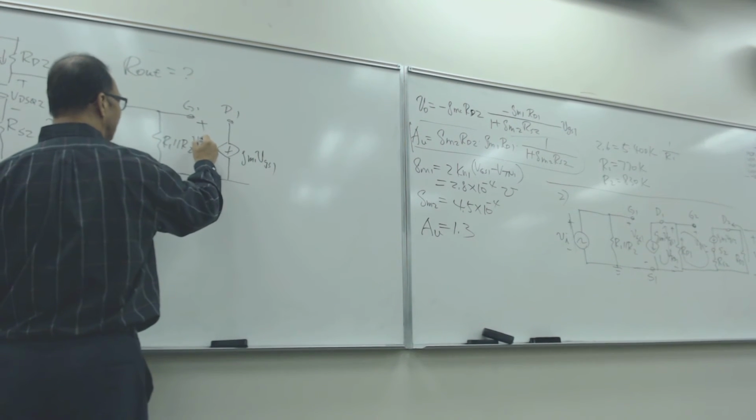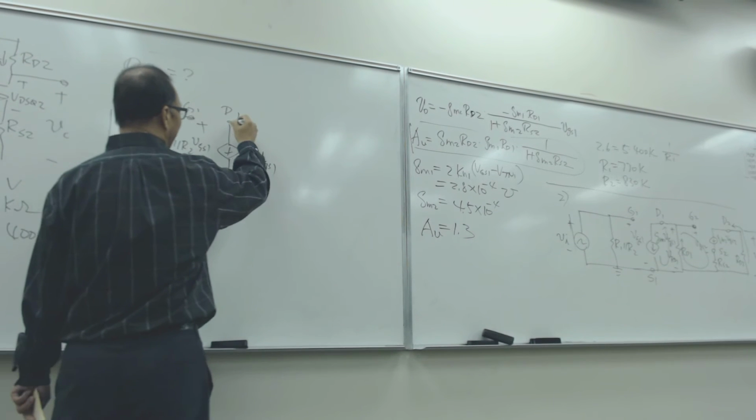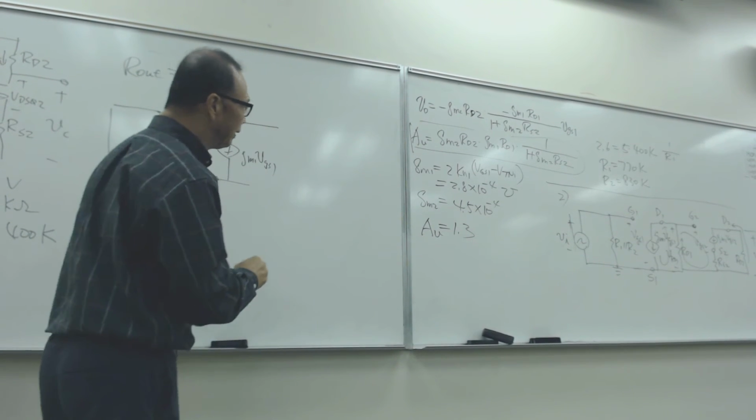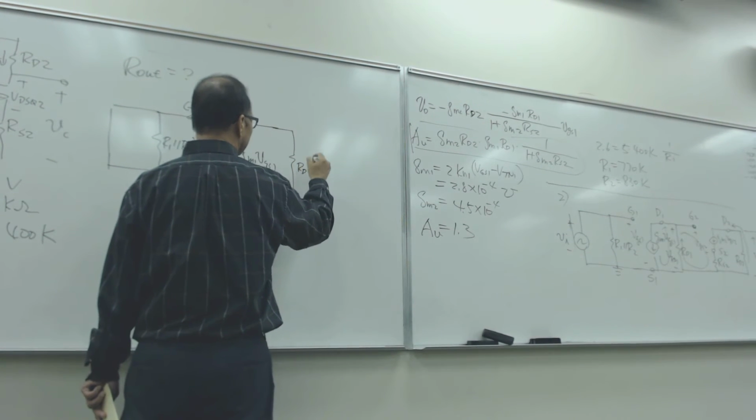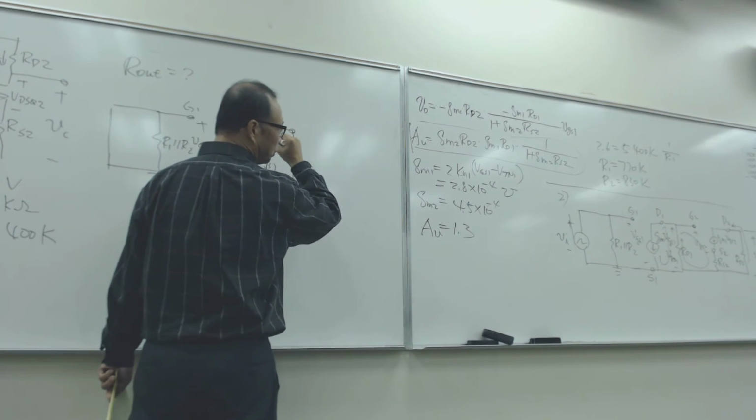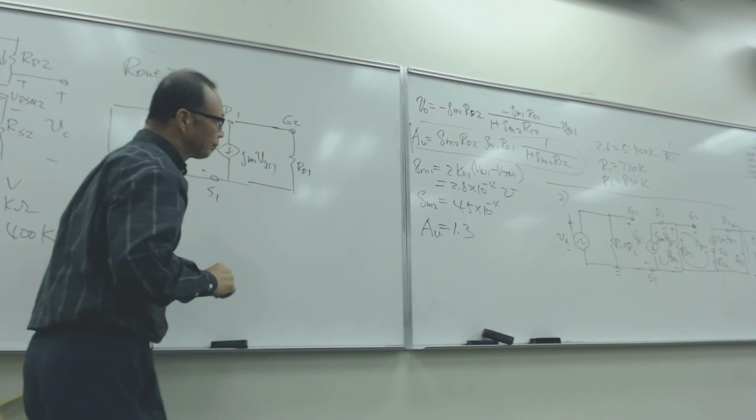So GS1. Okay. Then this gets connected to RT1. So that's your G2, correct?